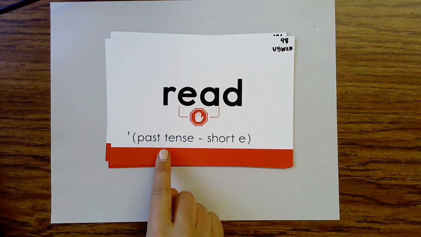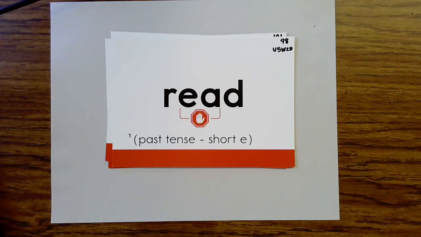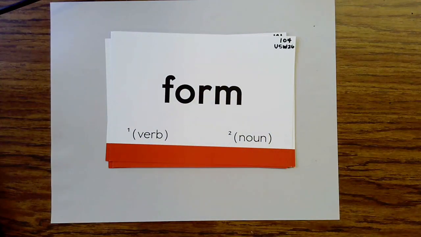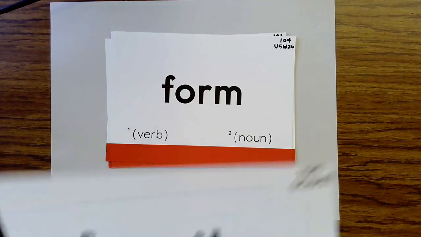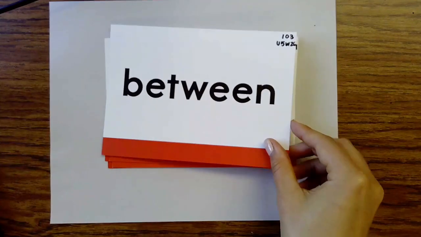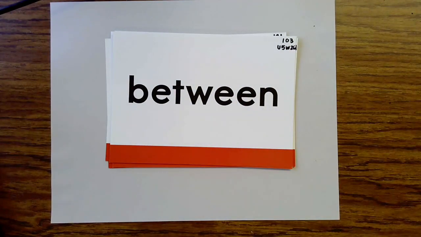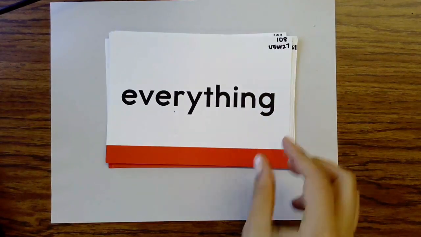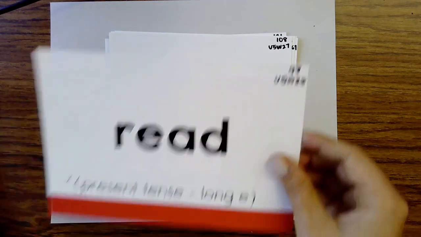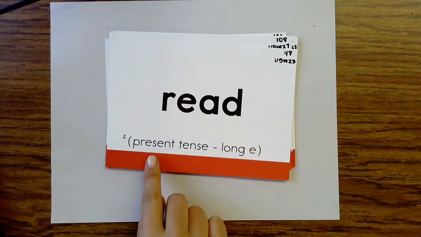This is the past tense. Red. Form. Family. Between. Everything.